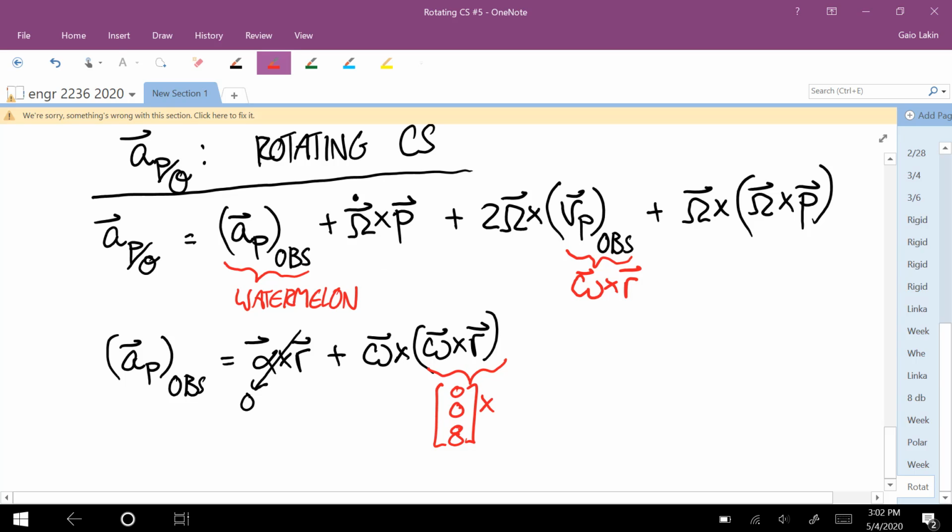Okay, so omega we already did. R is (0, 1.3, 0). And so this comes out to be 0.008 crossed with what you get from these two, which is (-10.4, 0, 0).